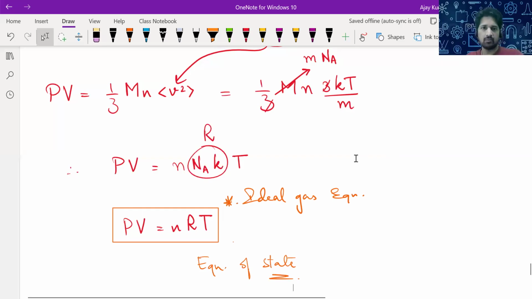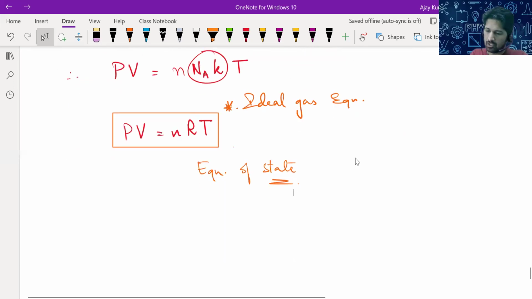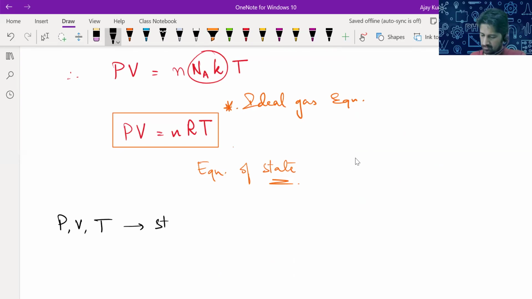In what state is it present? You will get to know the properties of the gas based on its pressure, volume, and temperature. So P, V, and T are called its state variables. Since this is a relation between state variables, we call it the equation of state, PV is equal to nRT.